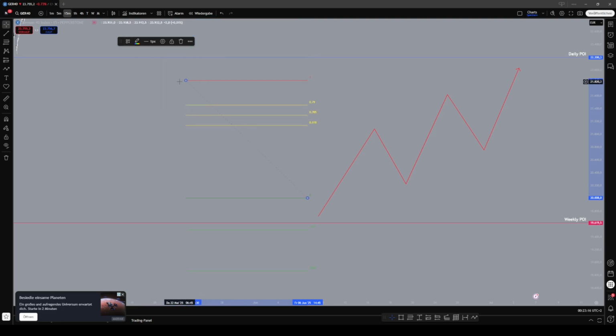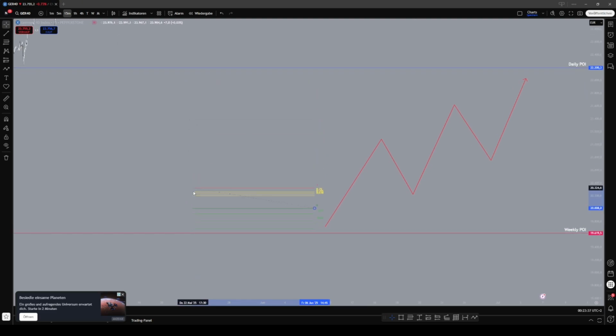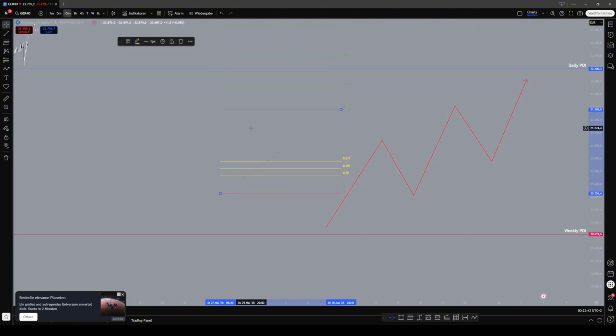So I have a saved template with only the 0.618 and 0.705. Those are the key points for me. I just drew these, but if you can work better with other levels, then just use the other levels.